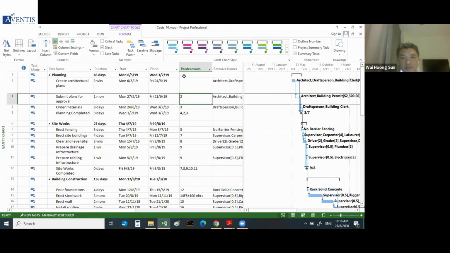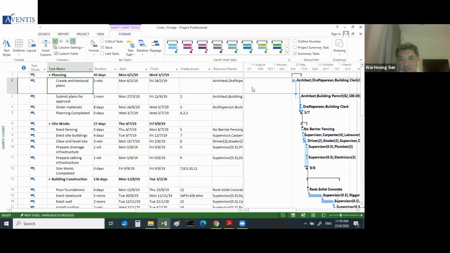If you look at the task, you have the duration, start, finish, and you also have something we call the predecessor. Looking at task 3, the predecessor is 2. That means this task is dependent on the previous task. So you can't start this task until that task is finished.